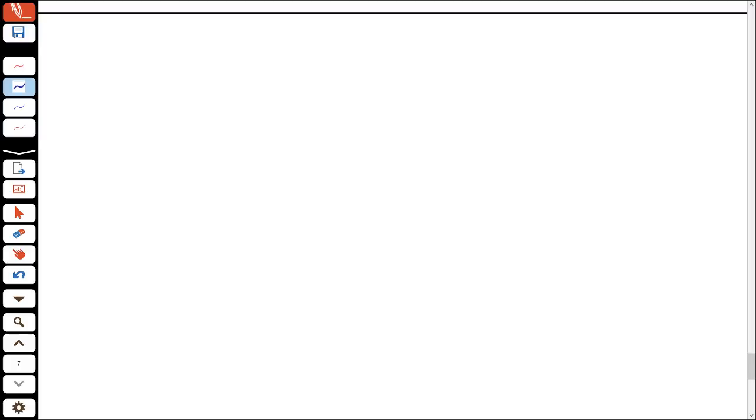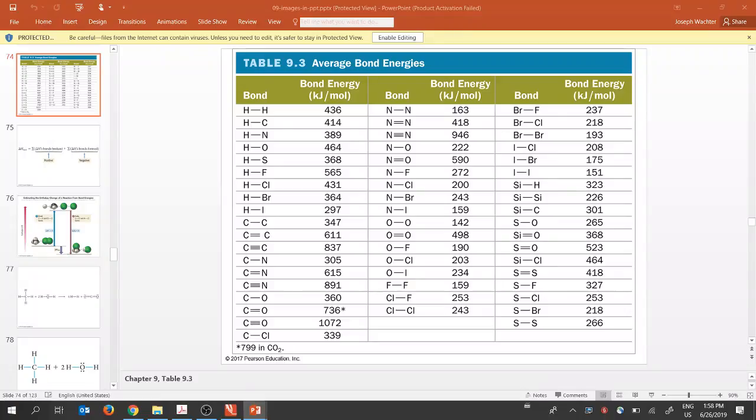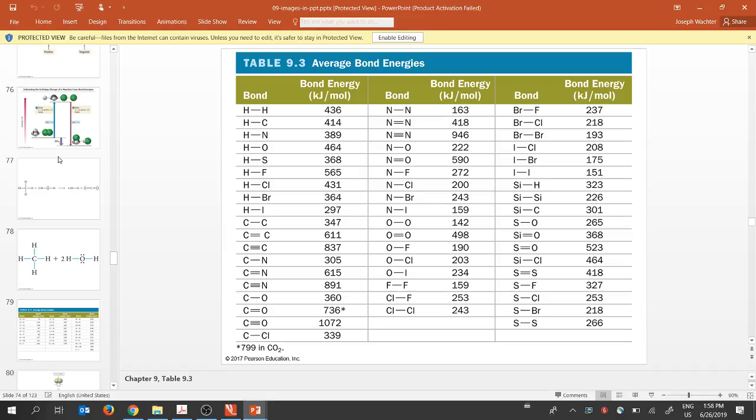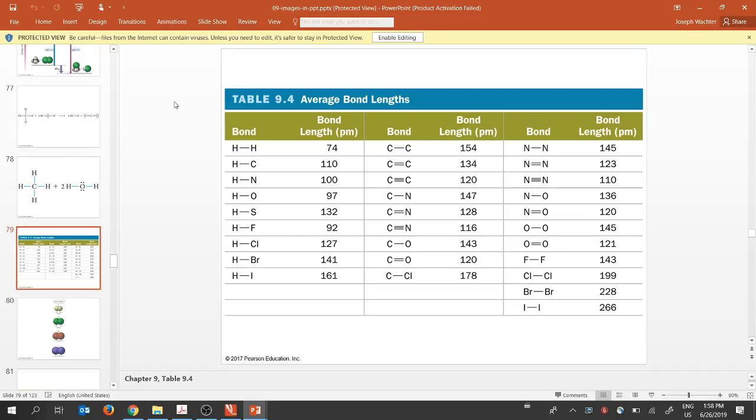Another interesting way that we can talk about that is bond length. Now, bond length sort of tracks with bond strength, but not exactly.